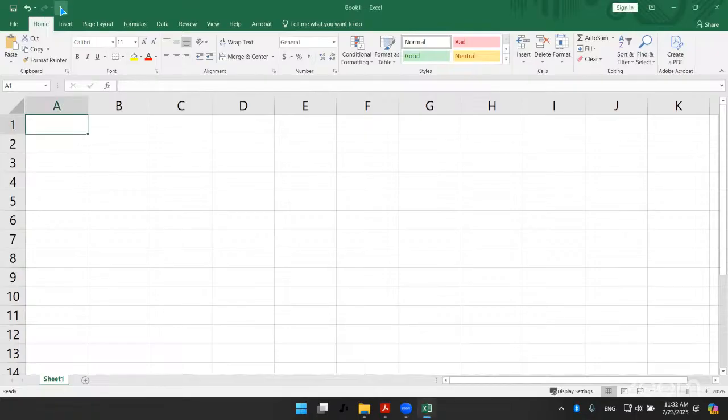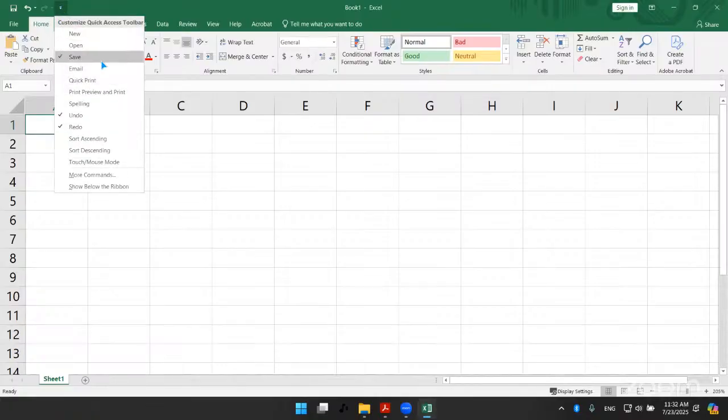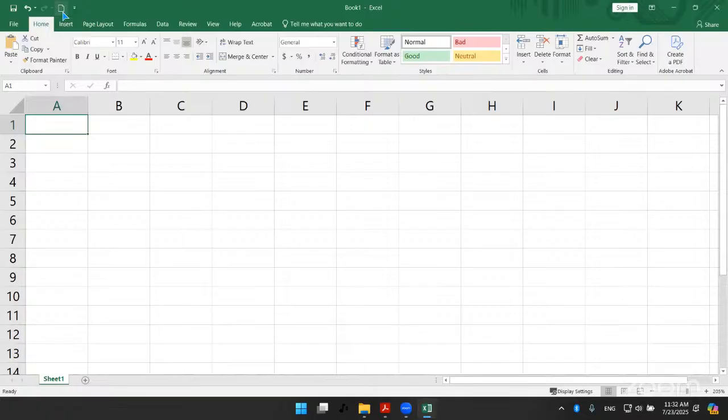When we click it, we have several tools and can select any of them. That tool will appear. Likewise, you can configure these tools. This is called the quick access toolbar.